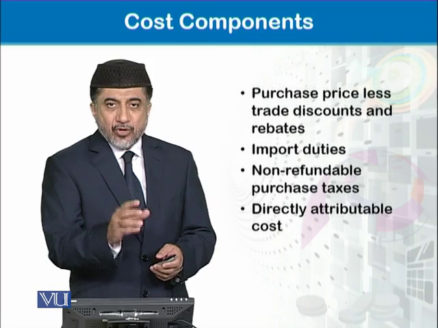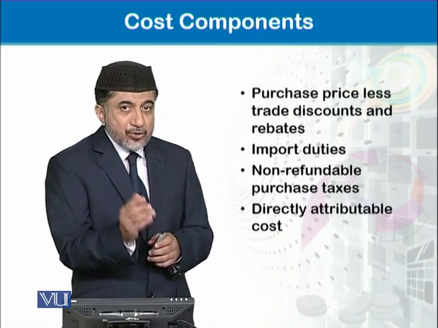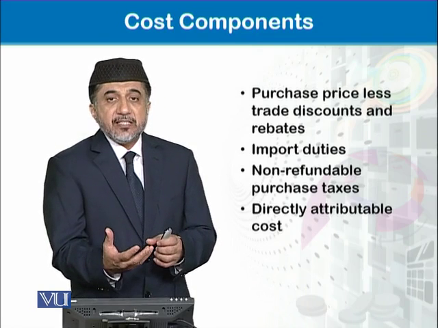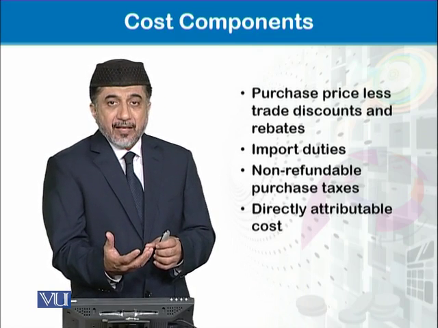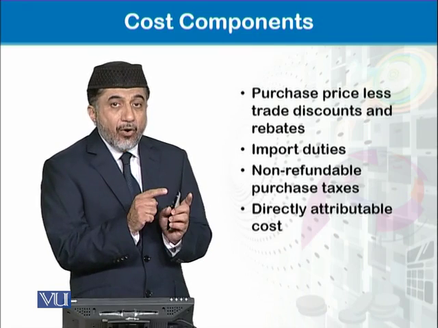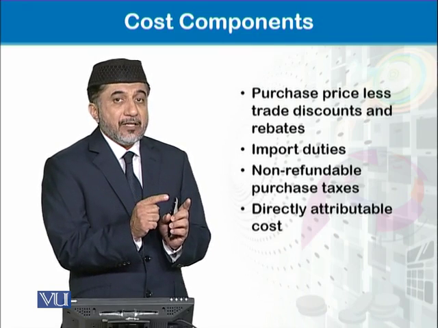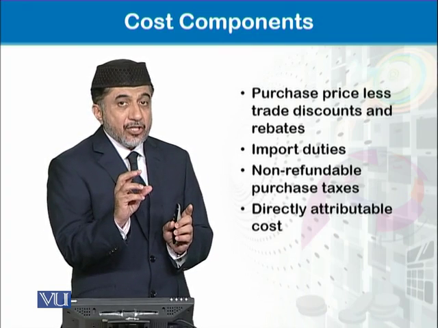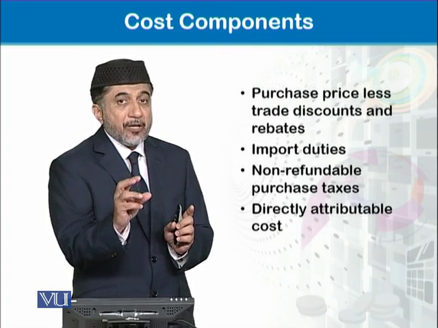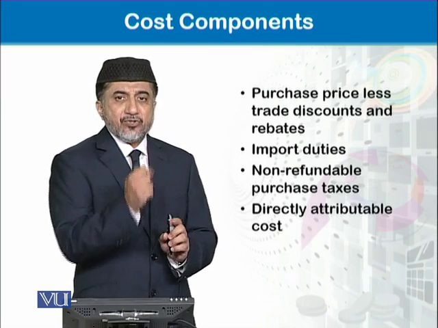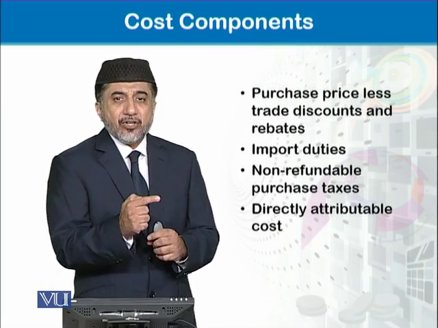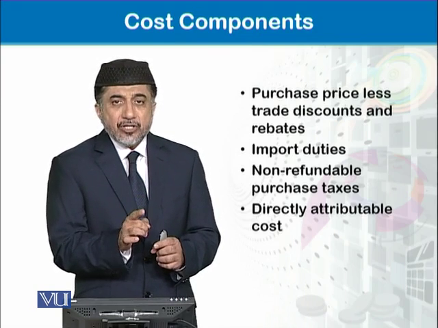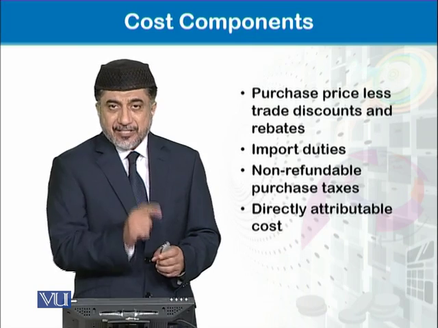Whatever cost you incur to bring the asset into its working condition, for example, you have purchased an air conditioner and you have not installed it properly. What does it mean? That this air conditioner will not give you its economic benefits unless it is installed. So the installation cost is a directly attributable cost that you have to include in the cost of the fixed asset.